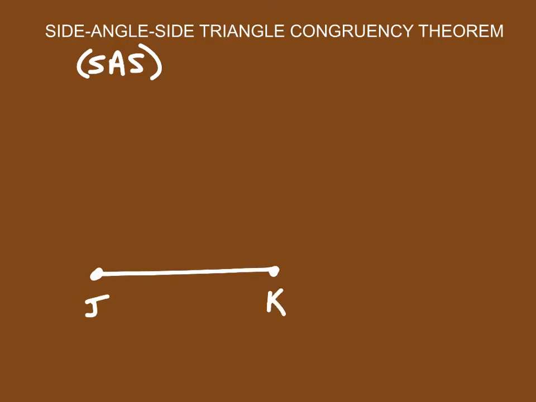Let's say that JK is 3 inches. Now, the next thing I want to do is create an angle measure that's, say, 40 degrees.